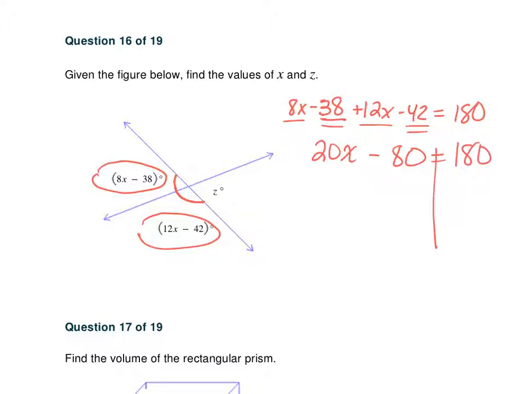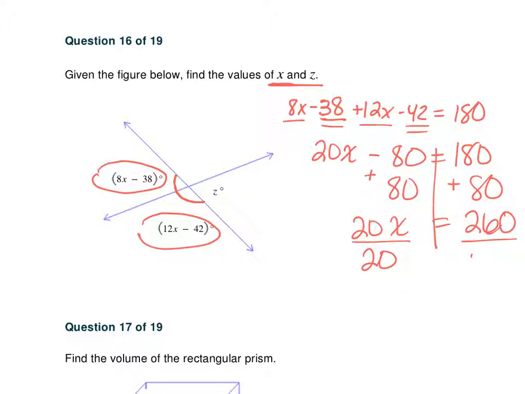Then I'm going to solve this for x because it's just asking us to find the values of x and z. Add 80, add 80. And that leaves me with 20x equals 260. Divide by 20, divide by 20, and I'm left with x equals 13.